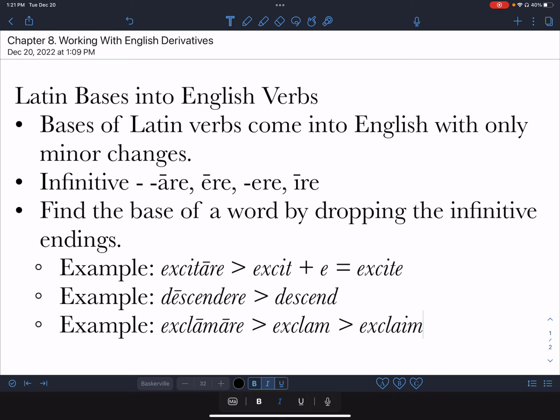I can't think of any, to be honest with you. Lect. Oh, yeah. Okay, so lego, legere, it's a third conjugation.